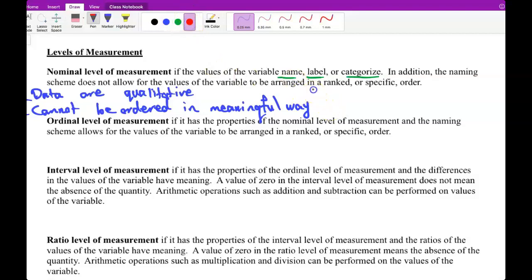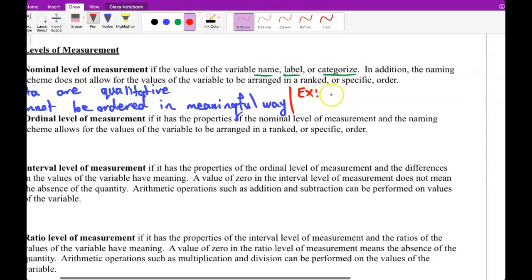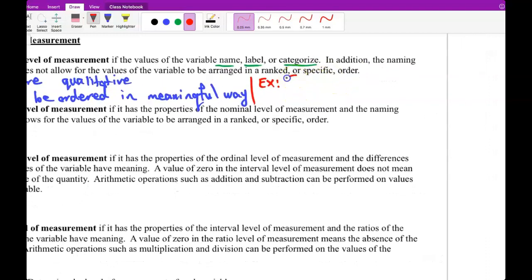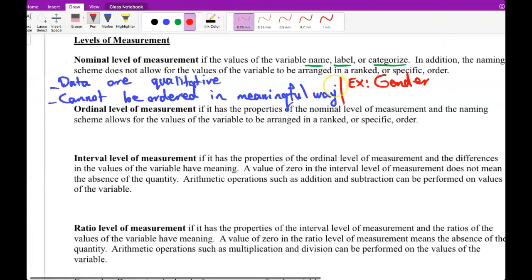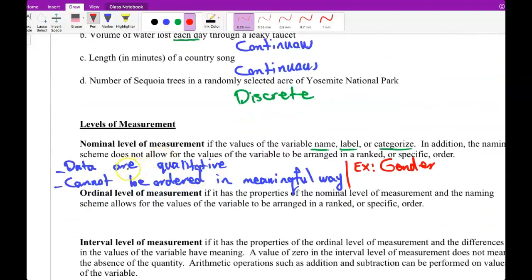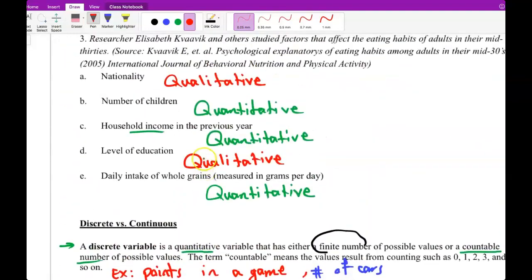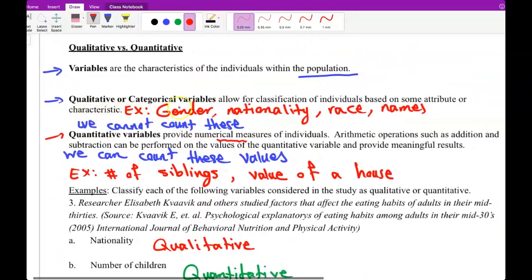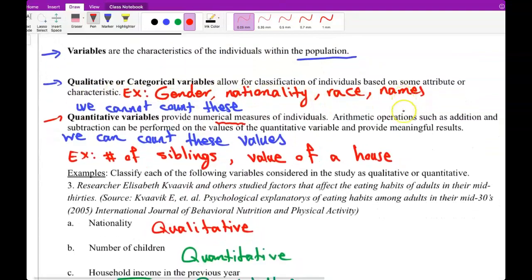Okay, example. Here again I have gender. Remember, since I said this is qualitative, on top, for qualitative, I use gender, nationality, race, names.